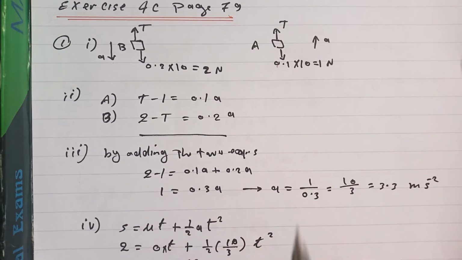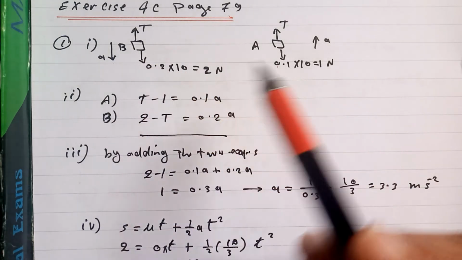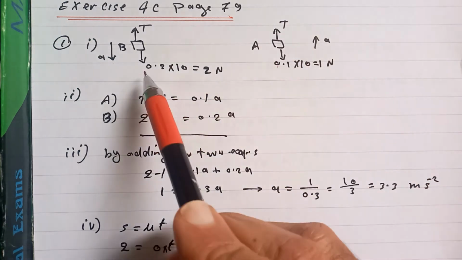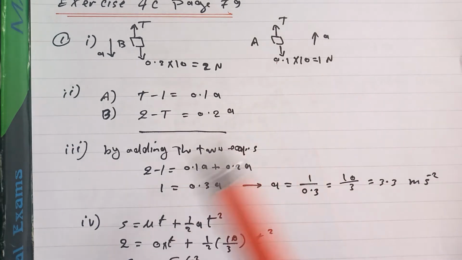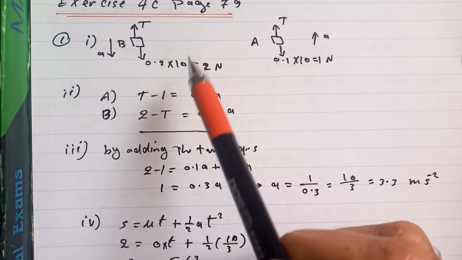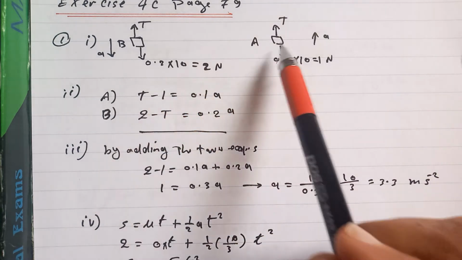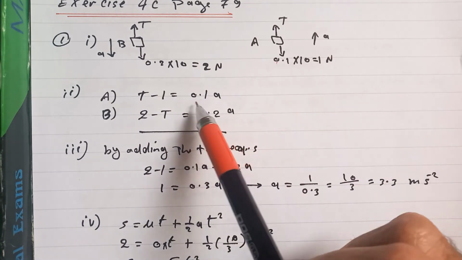This is number I, which is draw the diagram. Number II, write down the equation of motion of each mass. I think this will go down and the other weight will go up because this is much heavier than this. This is 2 newtons and this is 1 newton. So if I want to write the equation, for A, T minus 1 equals MA.